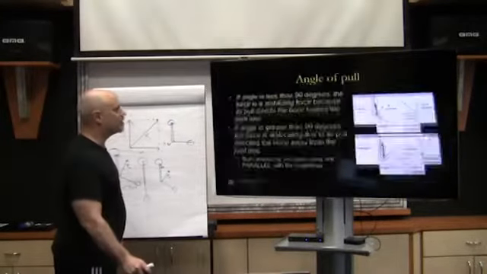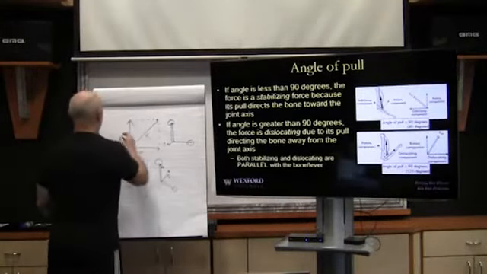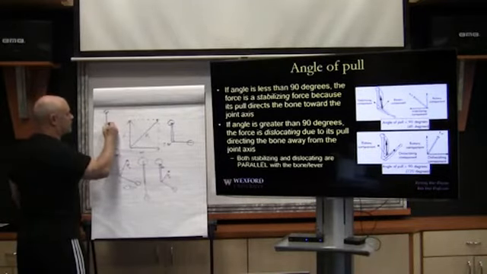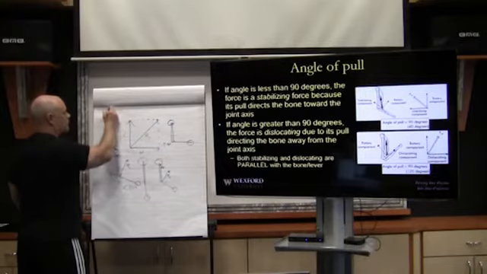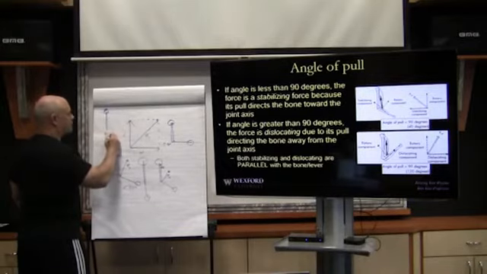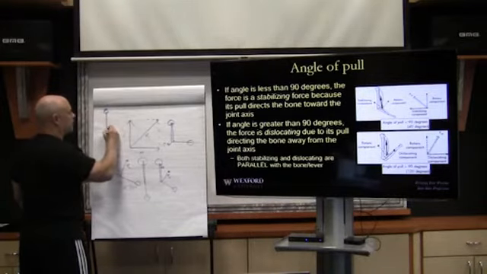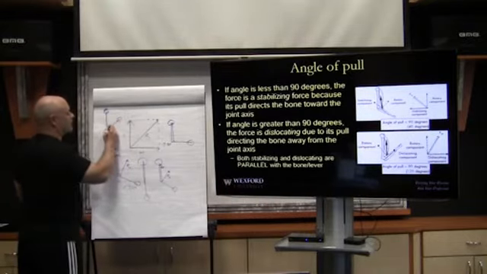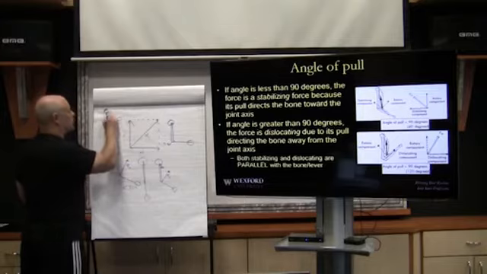Let's go back. Now, up here. Here's the joint, here's the shoulder, here's the elbow. The elbow is bent, greater than 90 degrees. Here's the pull of the muscle toward the shoulder.